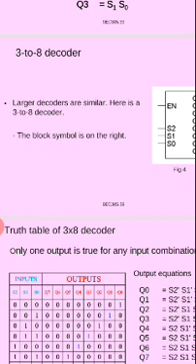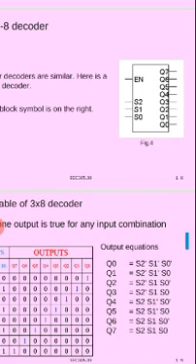3 to 8 decoder. Here there are 3 inputs, S0, S1, S2, except the enable input.